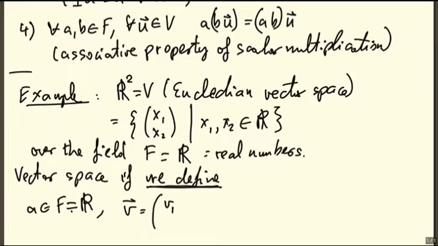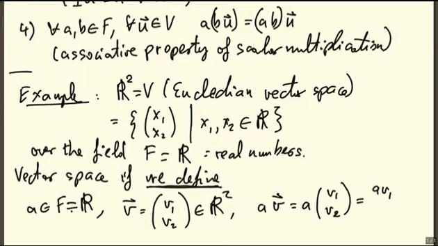I might write with indices v1, v2, the two components, and then the scalar multiplication will be defined as component-wise multiplication. So a v1, that's a real number because you are multiplying real numbers. a v2, another real number. And then by the definition of the vector space, this is again in the vector space.